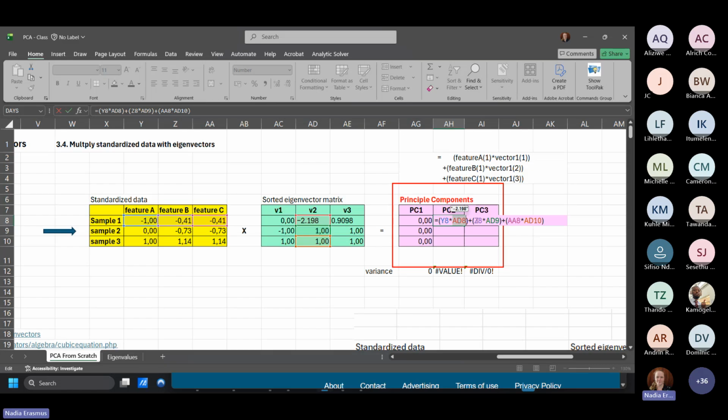But why doesn't it give me... Nadia, isn't it because we have -2.198 instead of 2.198? So the format's not the same for both matrices. So you see in AD8. Oh, yes, that is true. Thank you for picking that up.